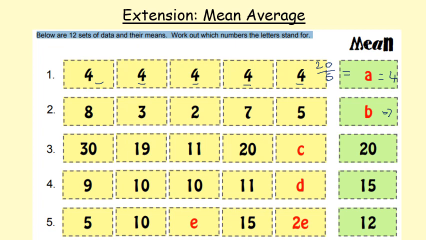We're going to end up with adding 5 and 10 and 15 plus E plus another 2 lots of E, and all of that's going to equal 12. So you need to make sure that you are setting up your calculation, your formula for your mean, and then you're rearranging equations. So it's going to get a bit tricky, but just see how you get on.